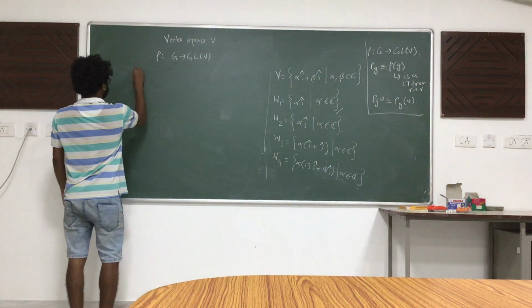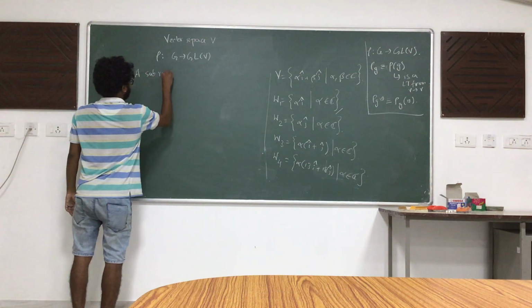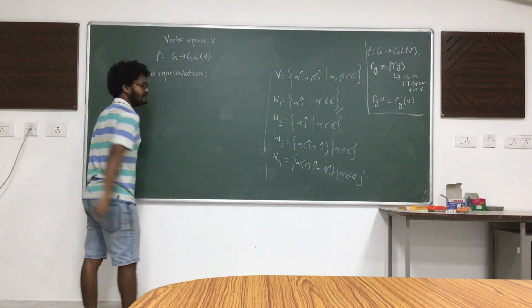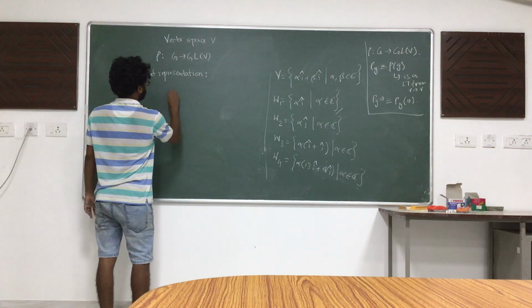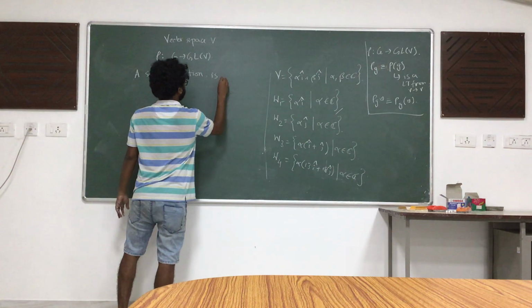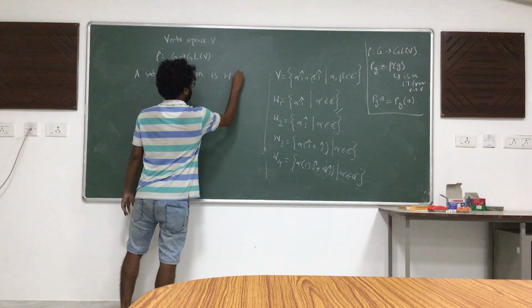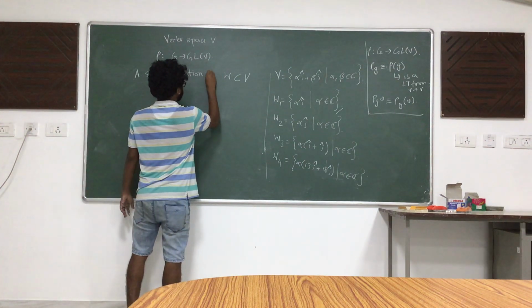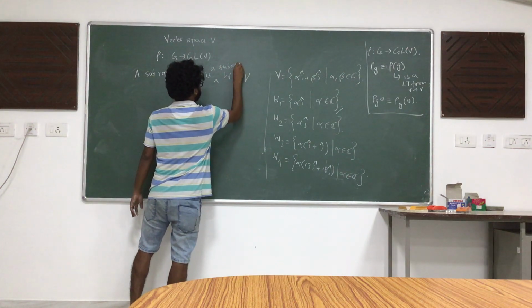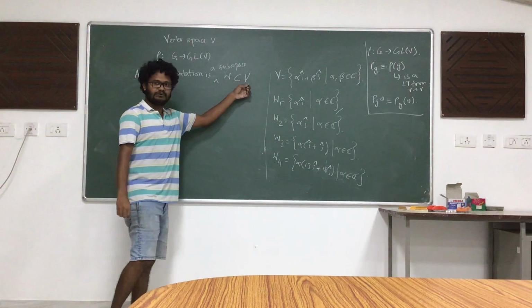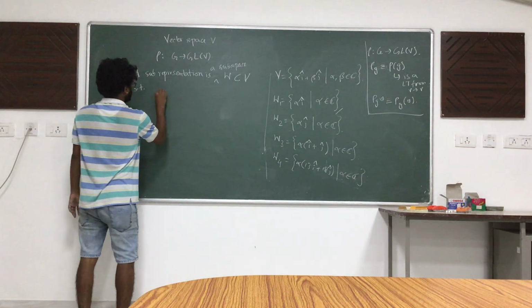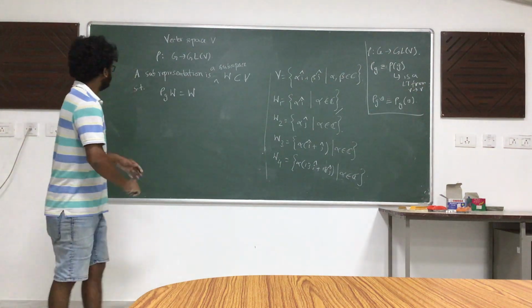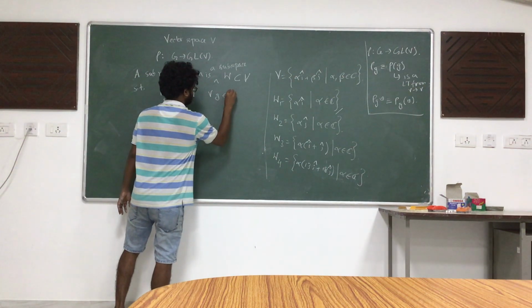A sub-representation, let us say, W, which is a subspace, is a subspace W such that rho(g) W is W, for all g belonging to capital G.